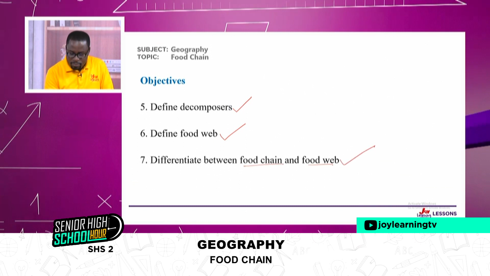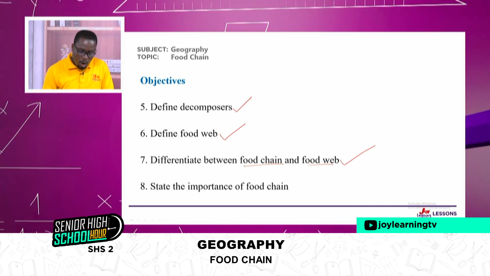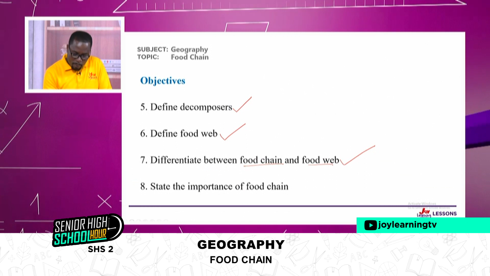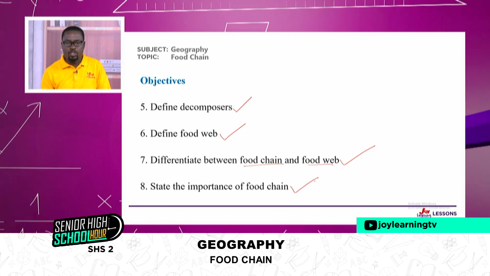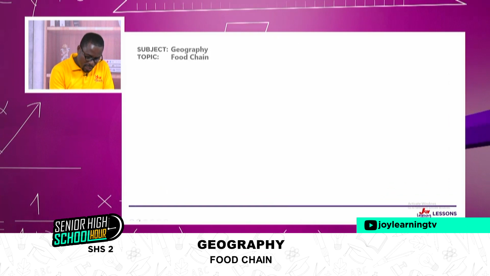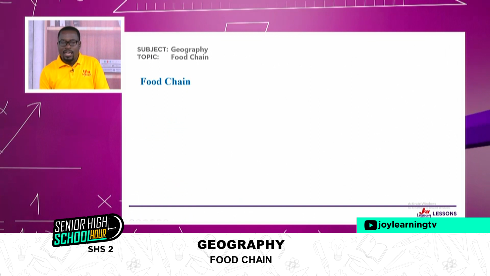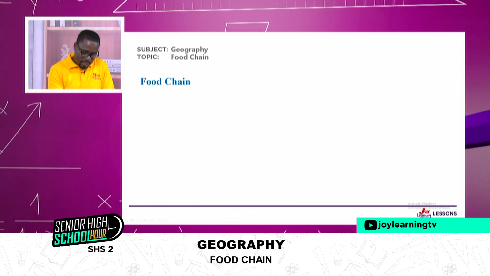Food web. We'll do that. Objective number 8, state the importance of what? Food chain. So we have 8 objectives. And I'm sure by the time that we are done, you'll be able to do that.